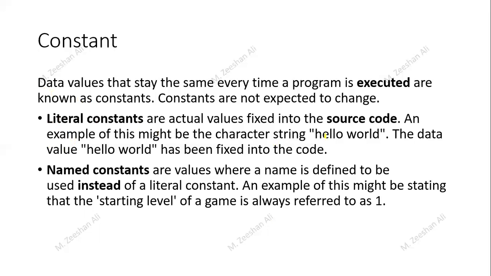For example, if we just write print and, in between the inverted commas, we write hello world, every time you execute the program, the same thing, hello world, will be written.